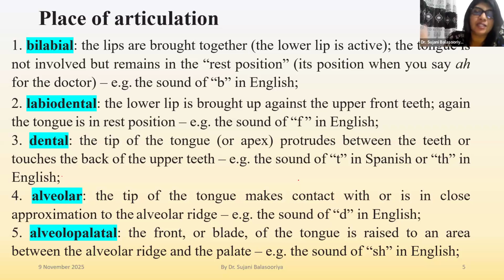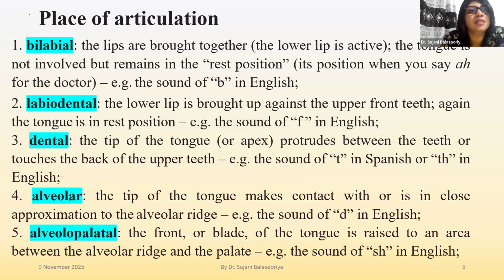Other than that, please refer to the notes. Then you will find the things will fall into the correct places if you refer to the previous notes and the recordings. Okay. Then today we are going to talk about place of articulation, and after this, manner of articulation.